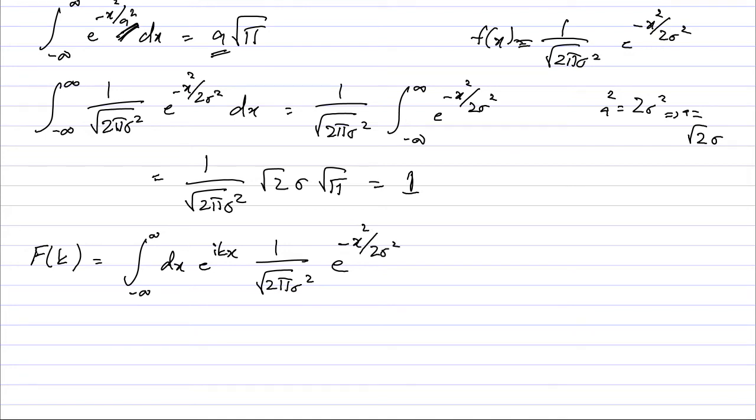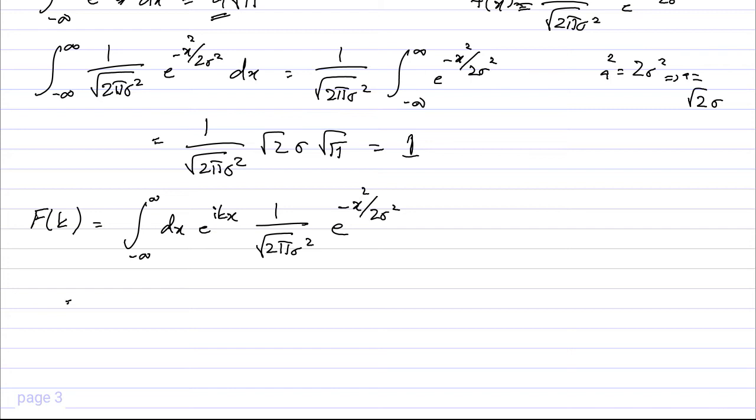The convention I'm mostly following is that there's going to be e raised to minus i kx over here. So I'm going to take this outside, and I'll also have e raised to the power minus x square over 2 sigma square plus i k x, dx.